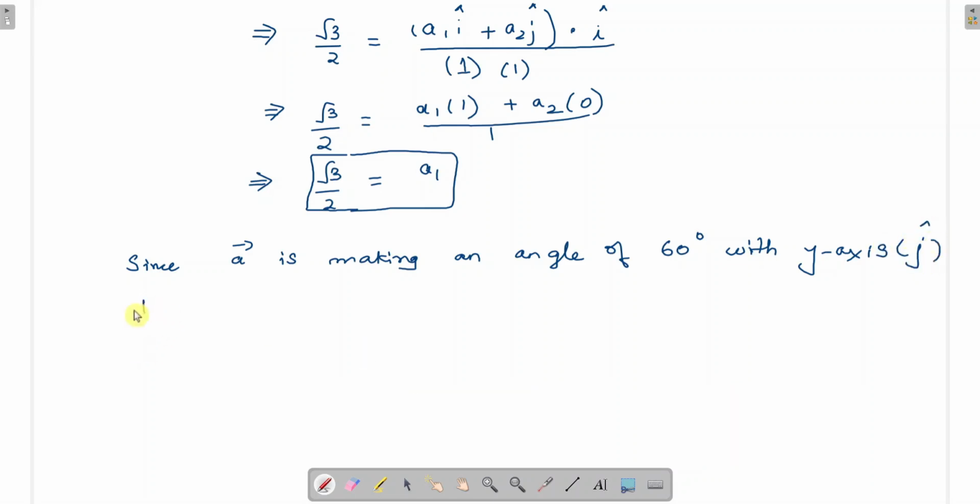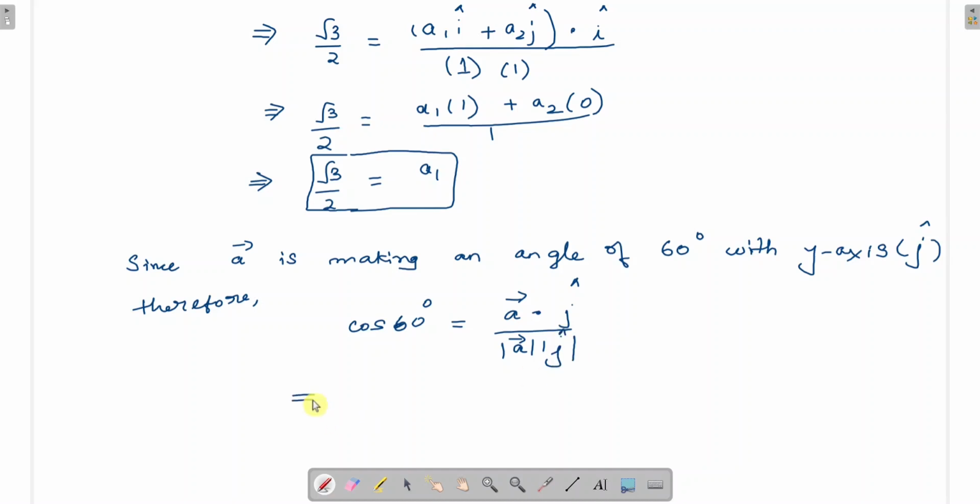Therefore we get cos 60 degrees is equal to a bar dot product j cap divided by magnitude of a bar times magnitude of j cap.